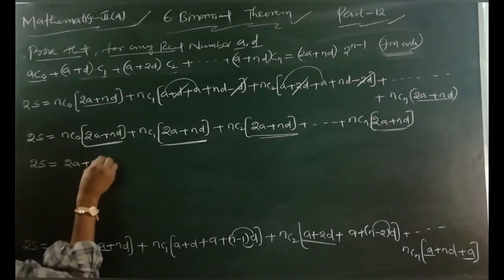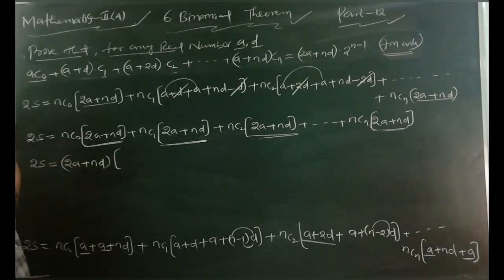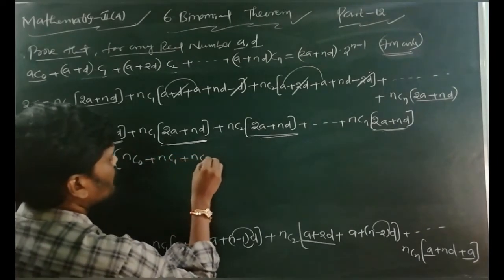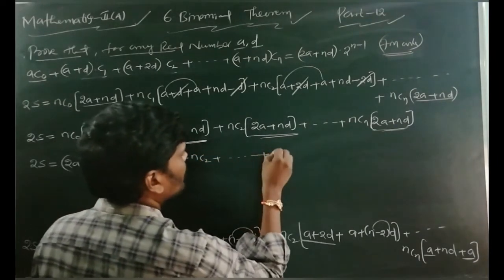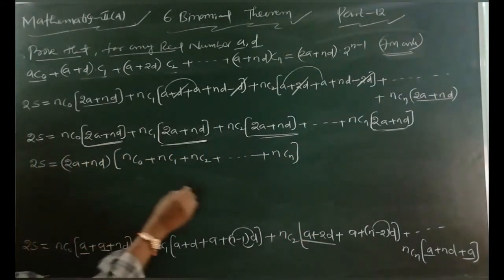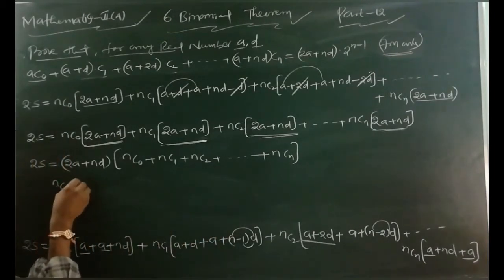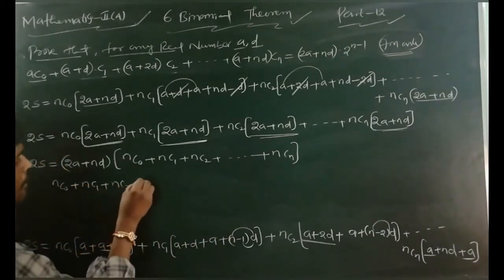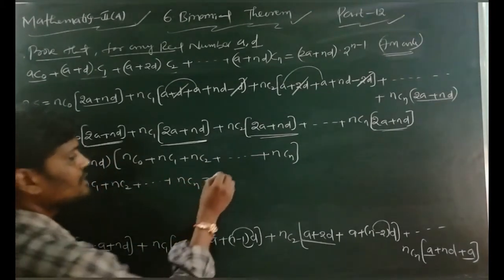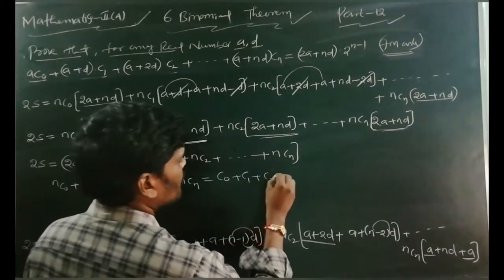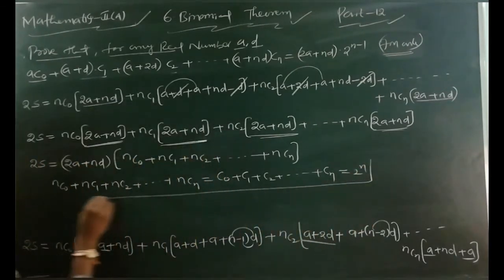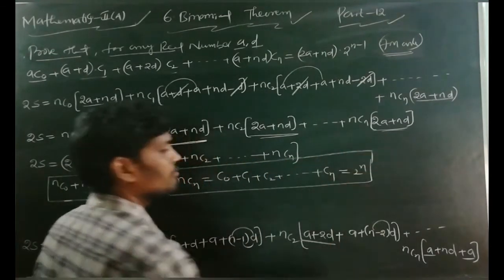After that, taking 2a plus nd common, we have nC0 plus nC1 plus nC2 and so on up to nCn. This can be written as C0 plus C1 plus C2 plus and so on Cn is equal to 2 power n. This formula is an important formula.